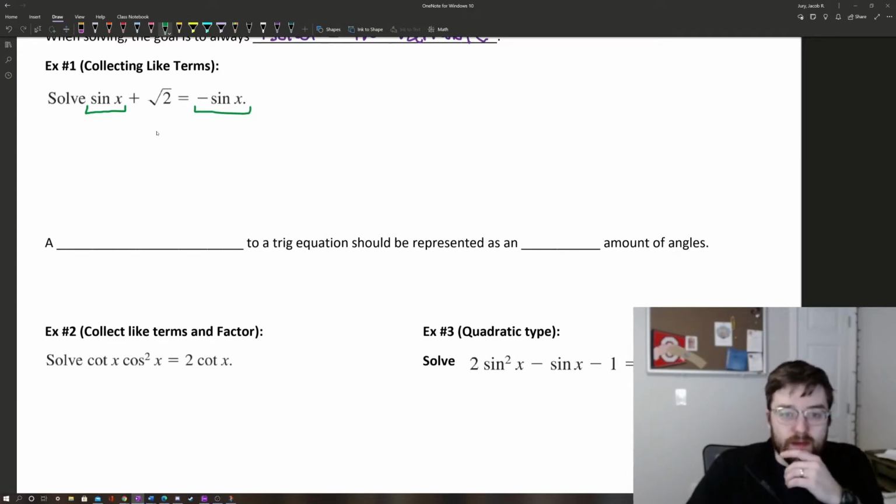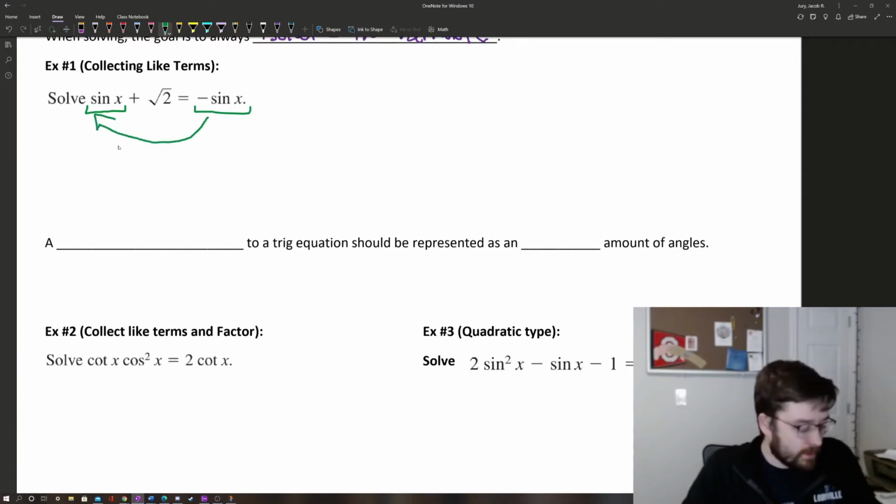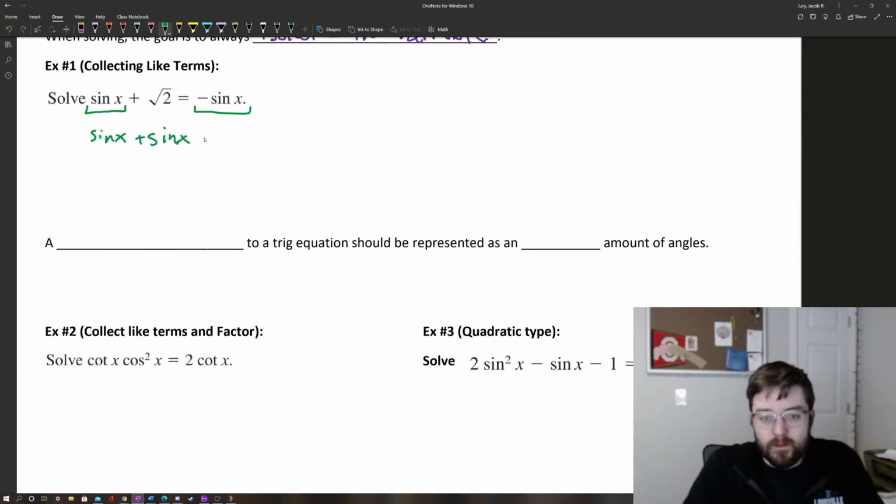And what I like to do when I'm solving is to try and get all my terms positive. It doesn't look like we'll be able to do that though. So I'm going to try, and I'm going to add this negative sign over to the left side. So I'll get sine of x plus sine x plus radical 2 equals 0.